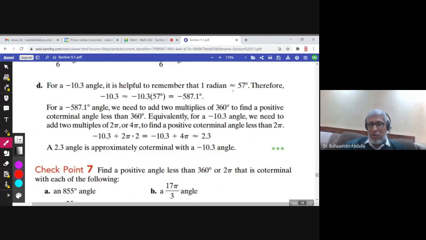This is one method. You remember that 1 radian is approximately 57 degrees, 57.3 degrees.